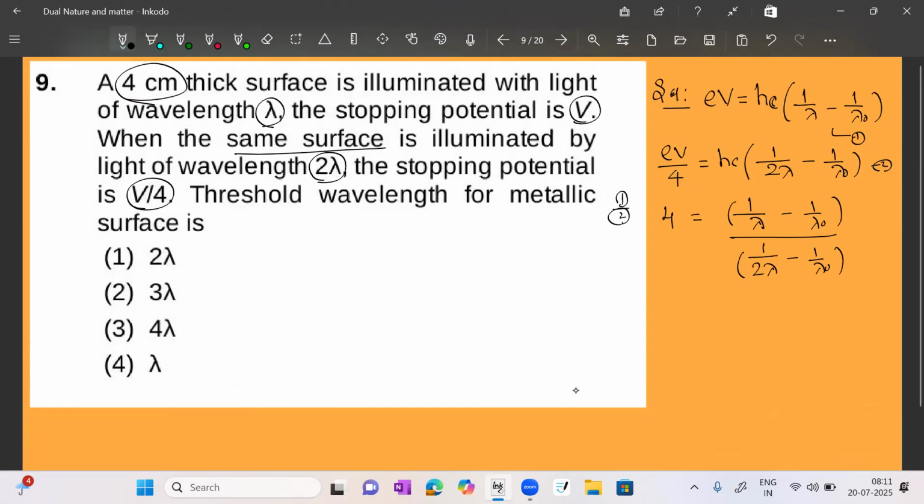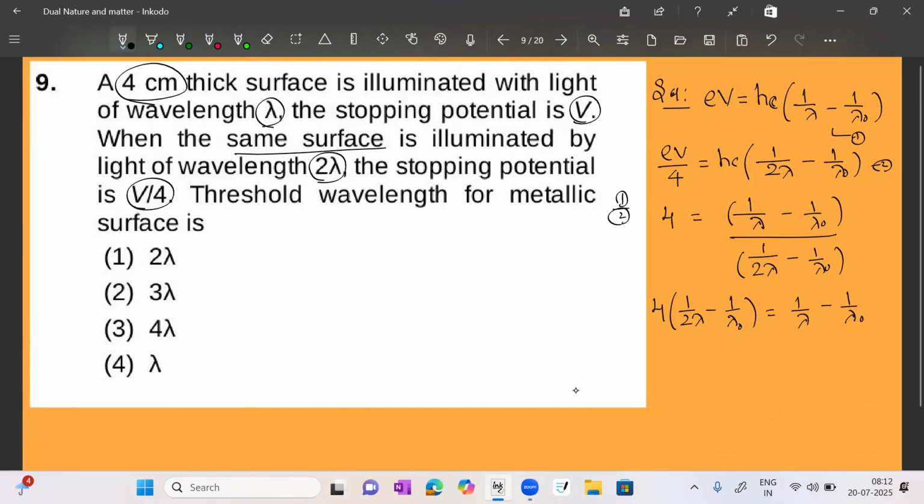After cross multiplication, we get 4 into (1 by 2 lambda minus 1 by lambda naught) equals 1 by lambda minus 1 by lambda naught.